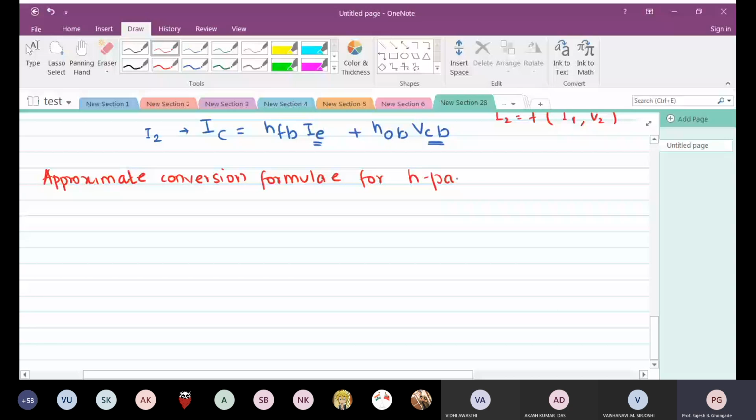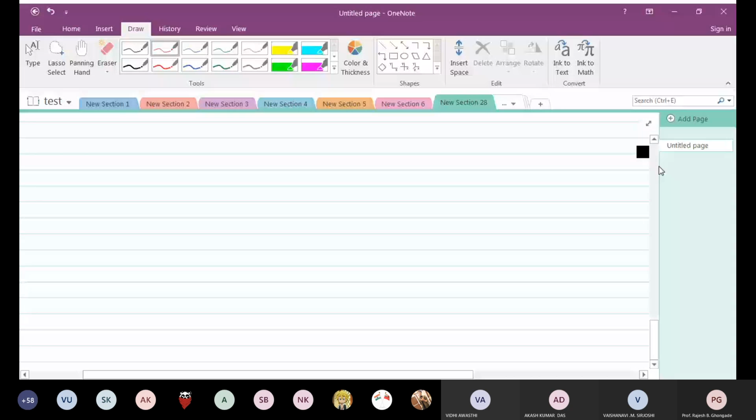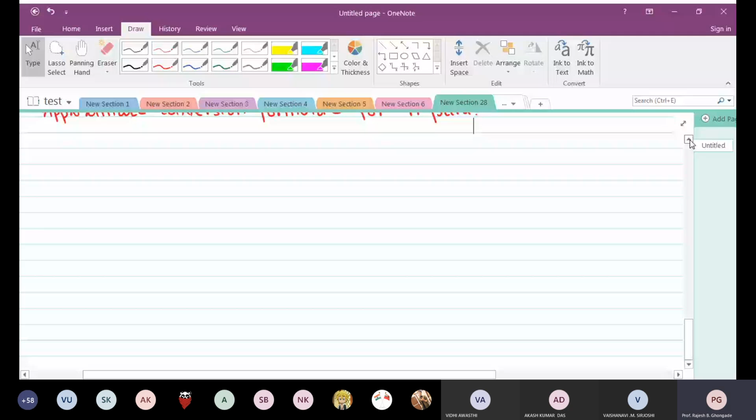Maybe more space is required. Okay, so we have the symbol. This is for common emitter. This is for common collector. And this is for common base.